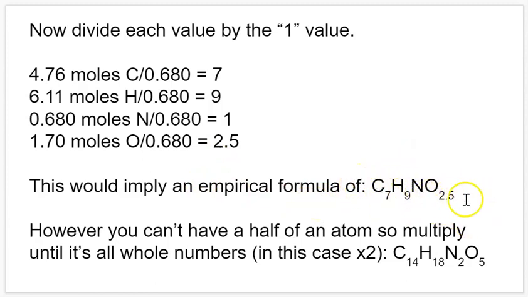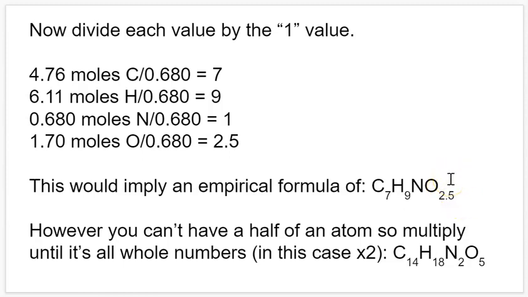Now, this does not really cut it as an empirical formula, mainly because of this 2.5 here. You can't have a fraction of an atom represented in your compound. So if you end up with non-whole numbers in your empirical formula, you need to find some number you can multiply the whole thing by in order to get whole numbers. Since this is 0.5, that's easy enough.